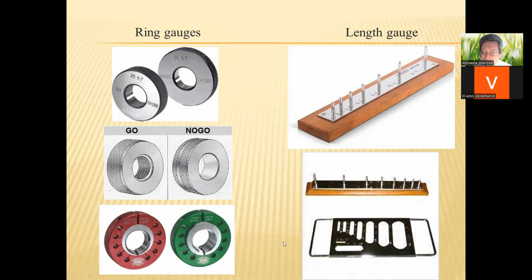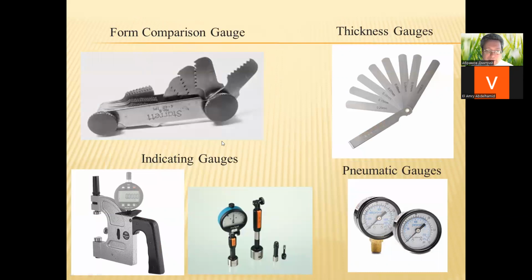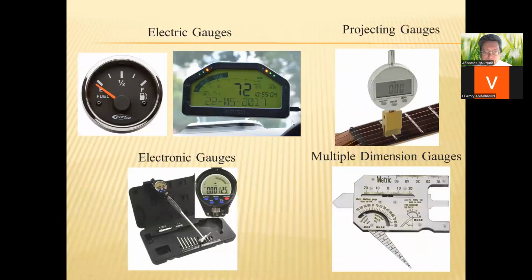Other types of gauges are form comparison gauge, indicating gauges, thickness gauges, pneumatic gauges, electric gauges, electronic gauges, projecting gauges, and multiple dimension gauges. These were the types of gauges.